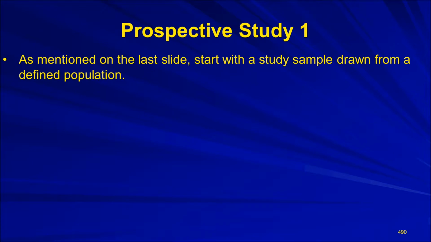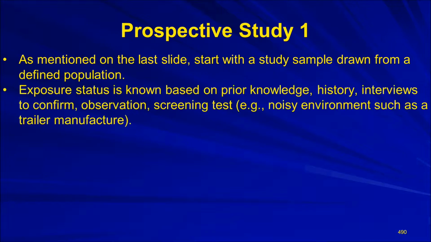As mentioned on the past slide, start with a study sample drawn from a defined population. Then it says exposure status is known based on prior knowledge, history, interviews to confirm. Observation, screening tests are ways to confirm what you have suspected.